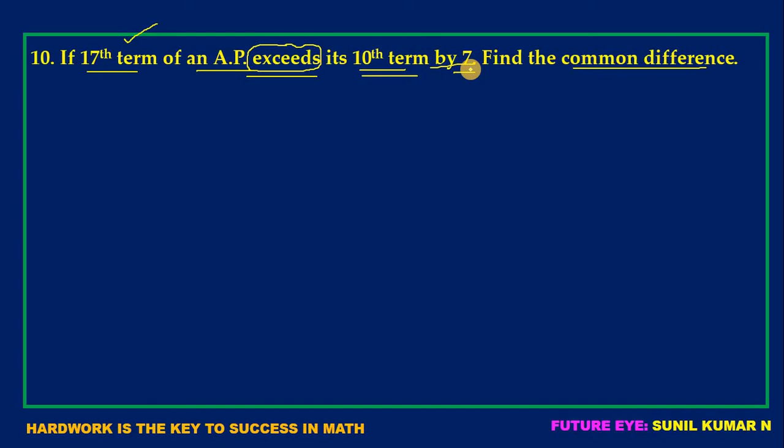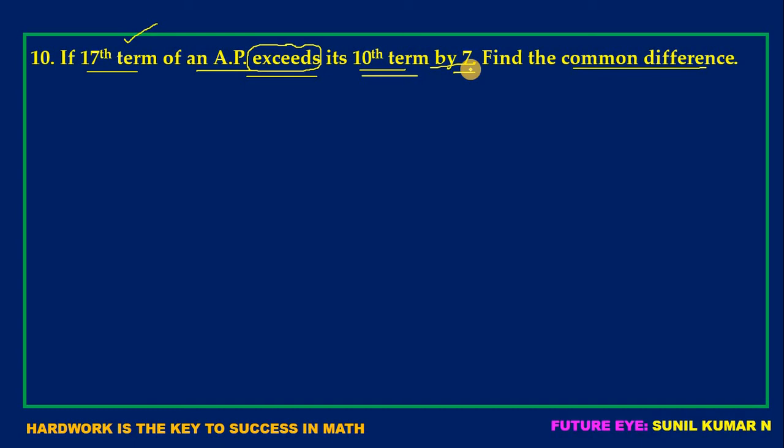For example, if the 10th term value is 10, the 17th term value will be 17, because the 17th term is 7 more than the 10th term. In case the 10th term value is 20, then the 17th term value will be 27, because the 17th term is 7 more than the 10th term.